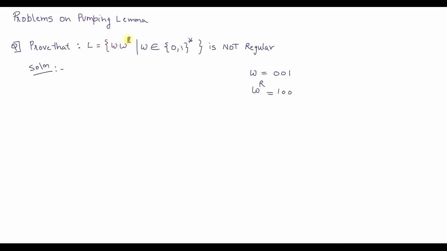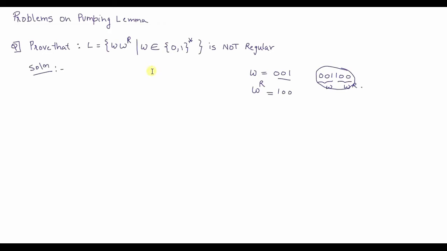So all such strings will be accepted. If w is 0 0 1, a valid string in the language should be 001100, where the first half is w and the second half is w raised to r. All such strings should be accepted in this kind of language.